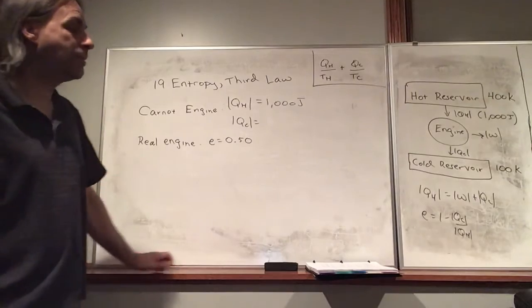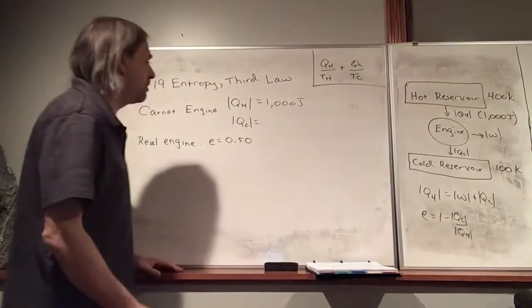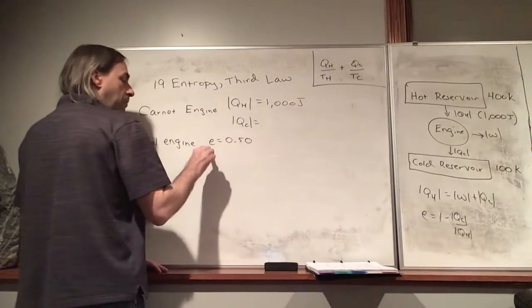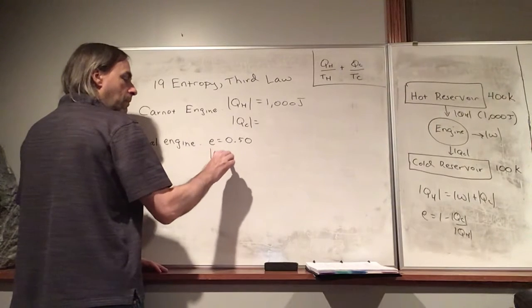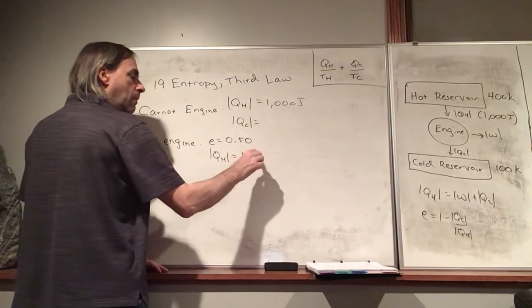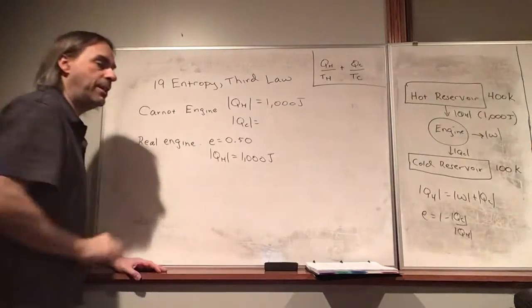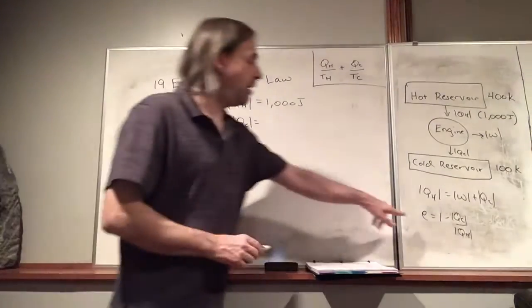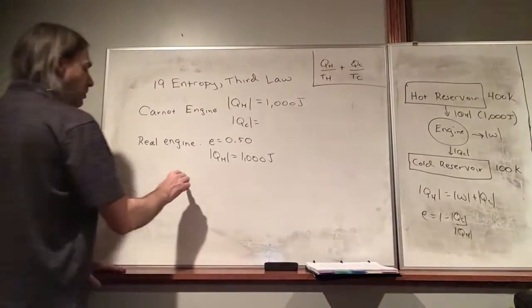And so we know QH is going to be 1,000 joules just like before. Now let's calculate QC. So here we have efficiency is 1 minus QC over QH.